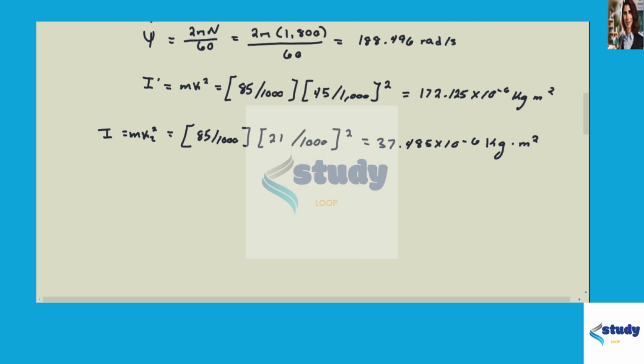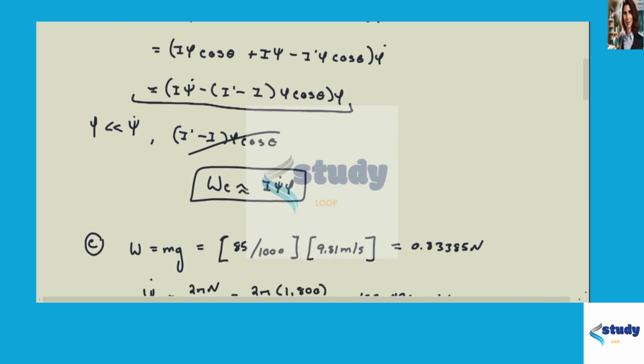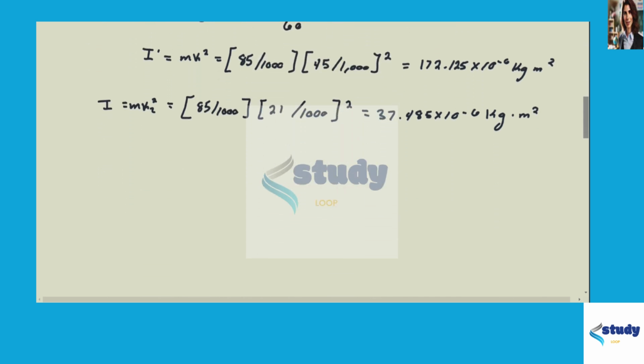And now the equation we're actually going to be using is this one. Okay.